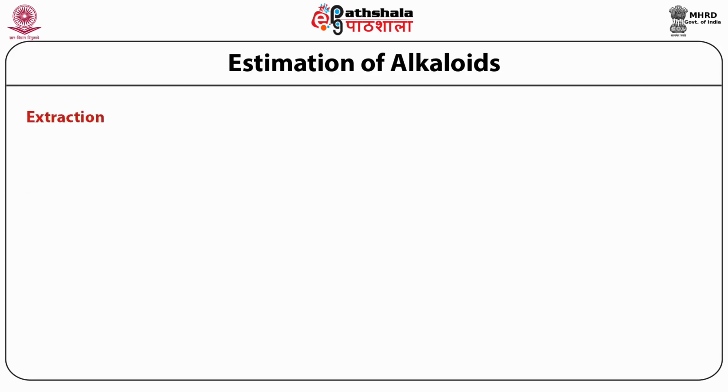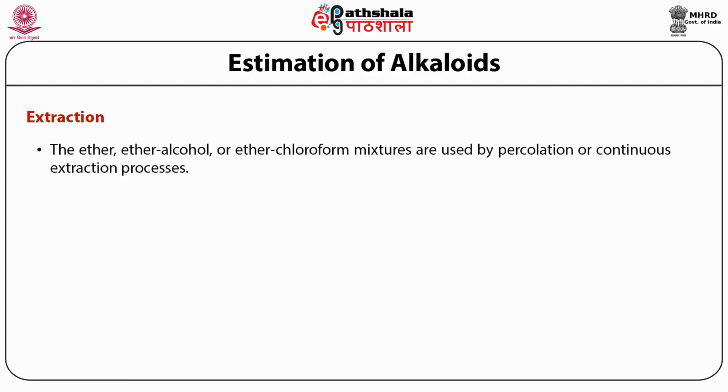Number one, extraction. As we understand, ether or a combination of ether and alcohol or ether-chloroform mixtures are used for the extraction of alkaloids from the material. The process of extraction can be percolation or continuous extraction.